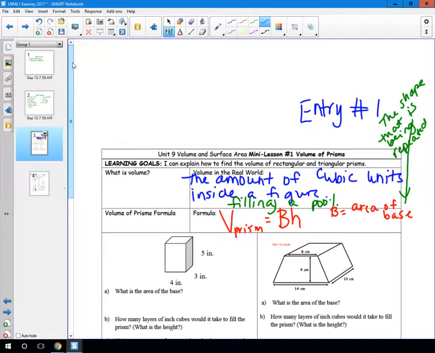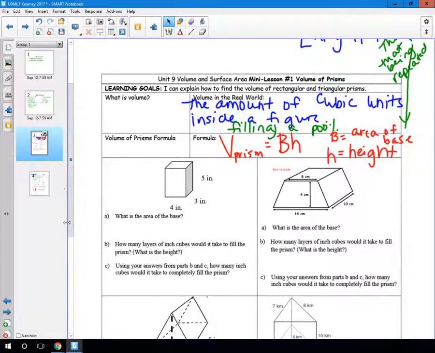H is the height. So we're going to use this formula to help us find the area of some of these bases. Okay, so let's come over to, let's do that trapezoid one together.